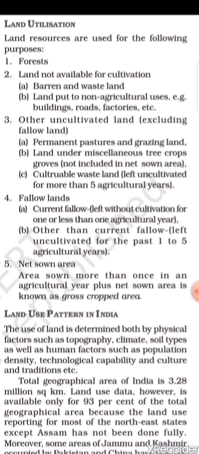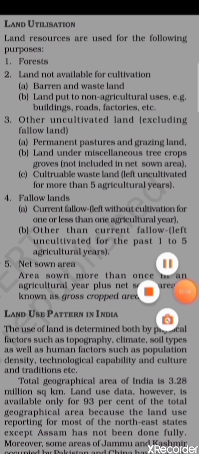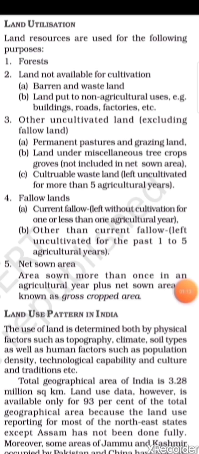When the land is left uncultivated for 5 years, it is because of a shortage of water, or because of water logging, where the quality of the soil degrades. Then fifth is net sown area. It means the actual available land for cultivation or for growing any crops.